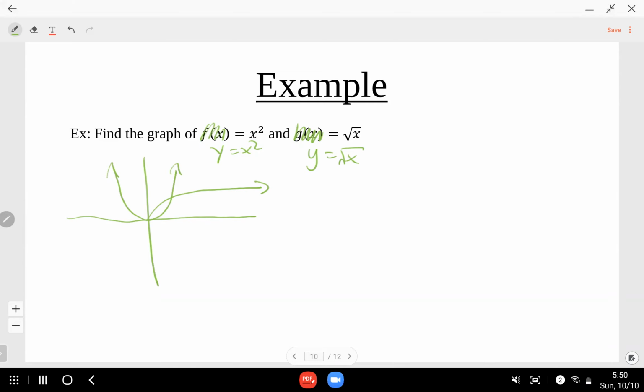All right, so now, can anybody tell me the domain and the range of these two functions? The domain and the range of these two, well, let's split it up, okay?